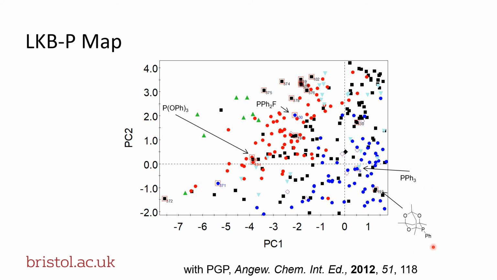And he also likes this cage-like system here. It's an adamantyl phosphine. And again, he was interested in predicting what would happen when we replace a phenyl group with a fluorine. And as you might expect, it moves the system over here. And then he also likes these weird ring systems. And again, by putting a fluorine group, this puts us over on this side of our map. And this makes really promising systems.